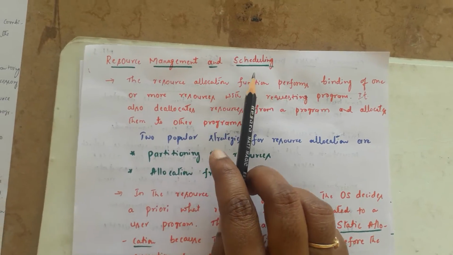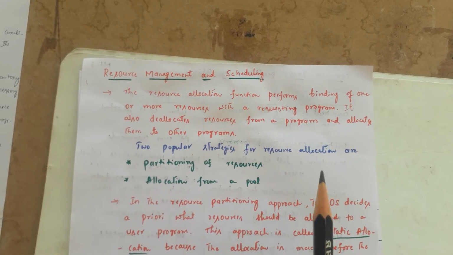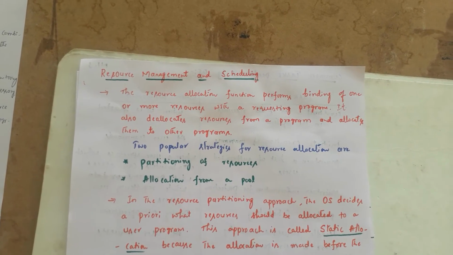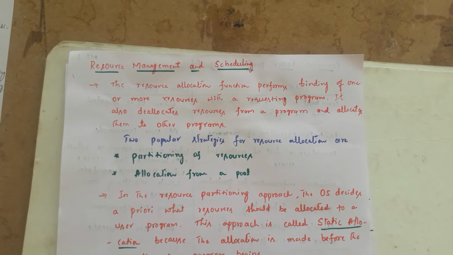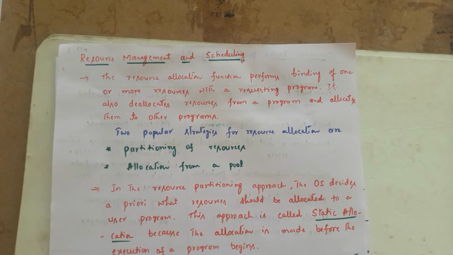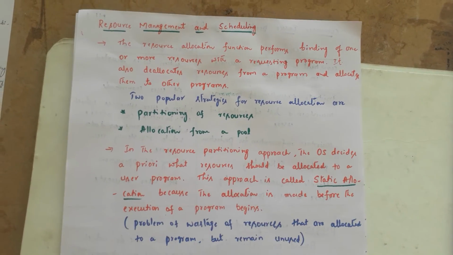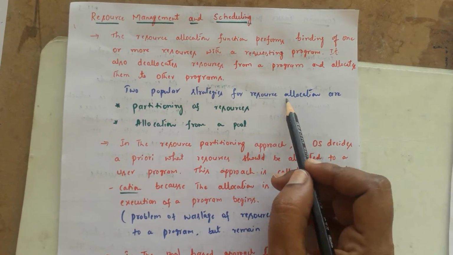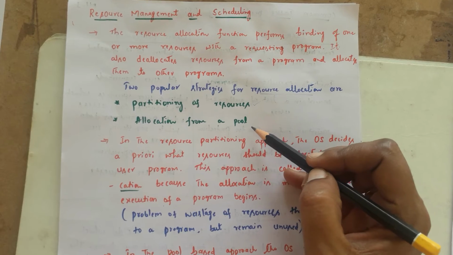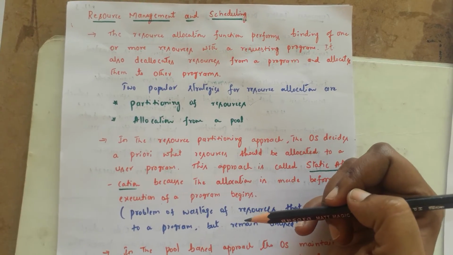Next we have resource management and scheduling. We said that the available resources should be allocated to particular programs, and once allocated, you have to take them back so that you can give them to some other program. There are two kinds of resource allocation: partitioning of resources, and allocation from a pool.